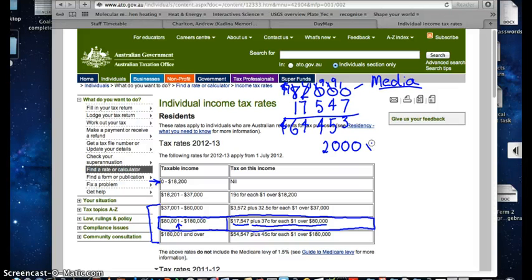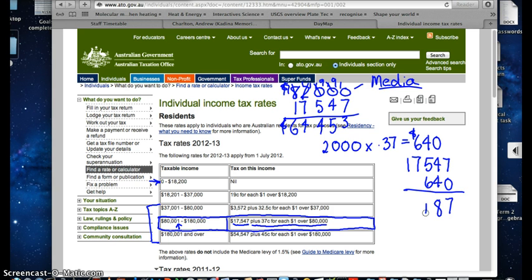So if you multiply $2,000 by 0.37, okay, $740. That $740 out of the $2,000 also has to go to the government. Okay?